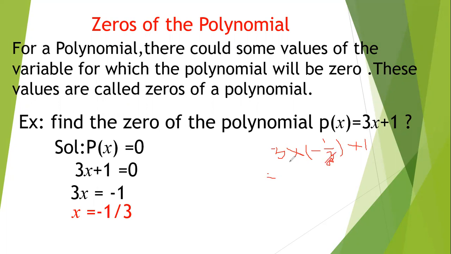This 3 gets cancelled with 3. What is here? Minus 1 plus 1. What do we get? Minus 1 plus 1 is 0. For which value is it 0? For minus 1 by 3, it will be 0. That is why this minus 1 by 3 is called the zero of the polynomial.